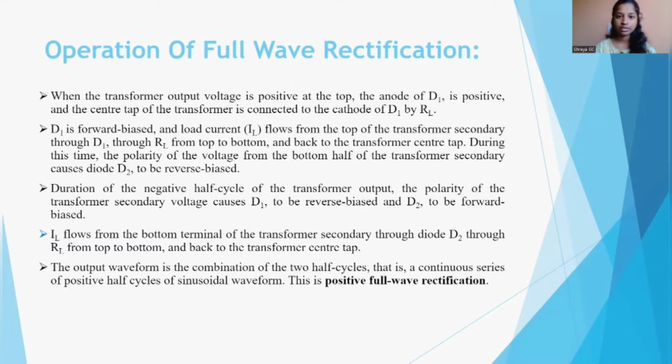During the negative half cycle, the polarity of the transformer secondary voltage causes D1 to be reverse biased and D2 to be forward biased.